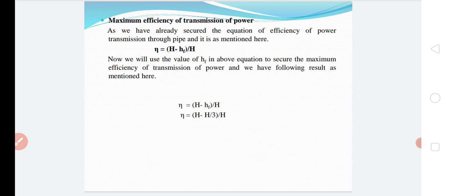Substituting this value of hf in the efficiency, we get η max equals (H minus H by 3) by capital H, so 1 minus 1/3 equals 2/3, or 66.7%.